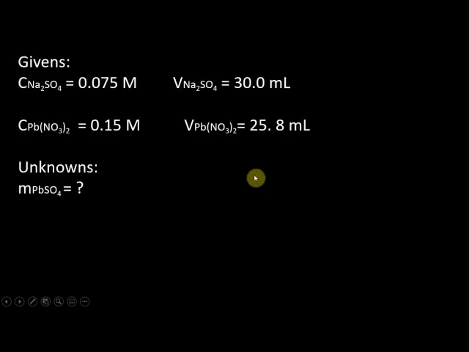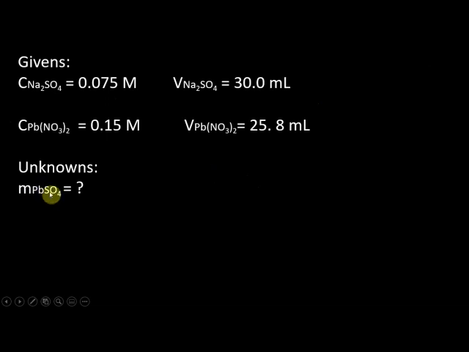Let's write down what we know and what we don't know and figure it from there. So sodium sulfate concentration and volume, lead 2 nitrate concentration and volume. From that we can figure out how many moles we have of each. What we're looking for is the lead 2 sulfate.